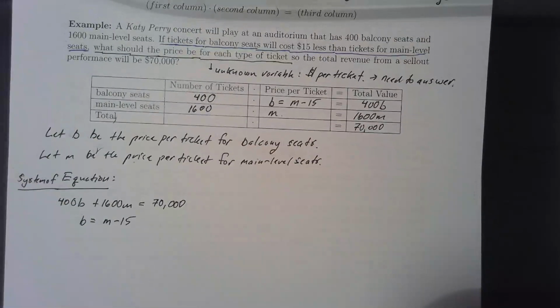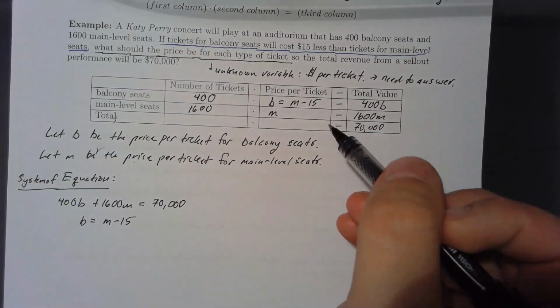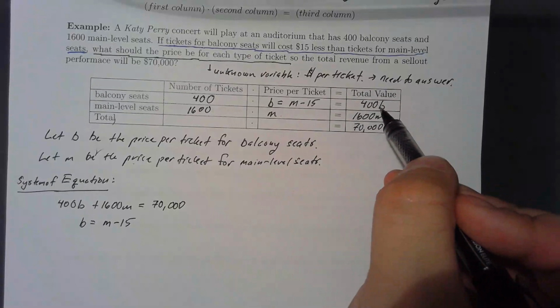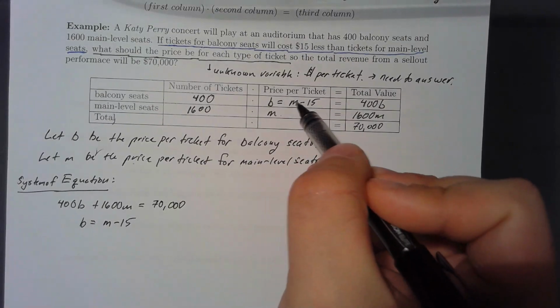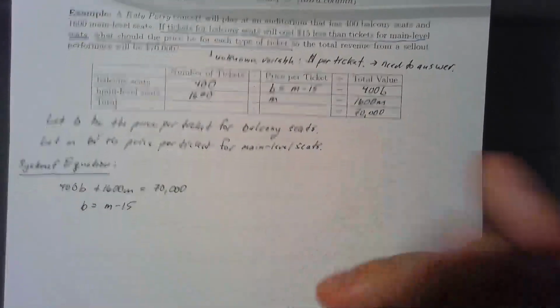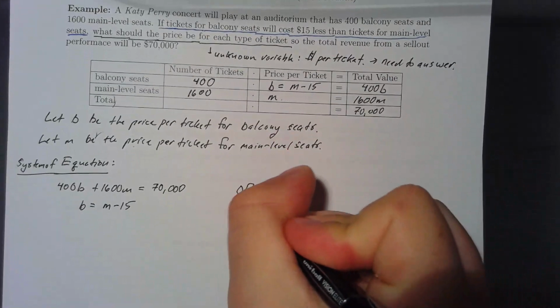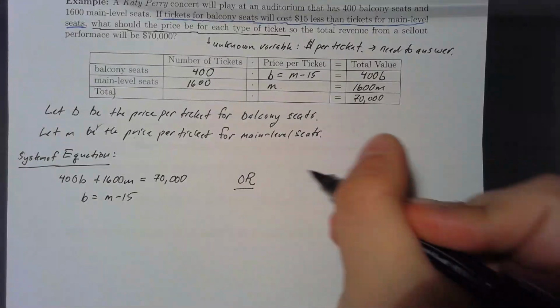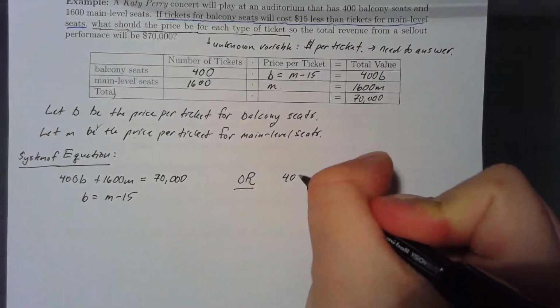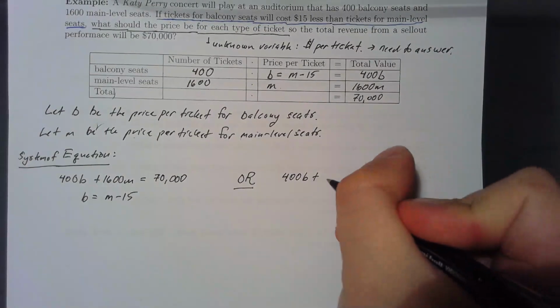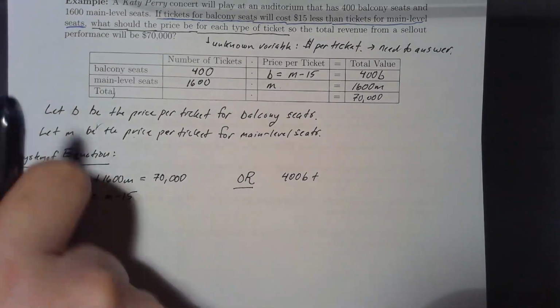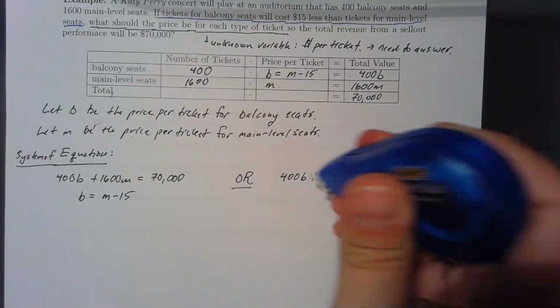Now, if you wanted to, you could replace the B right here with M minus 15 right off the bat. So I'll say here just for reference, or you could write it this way. Sorry, I goofed already.